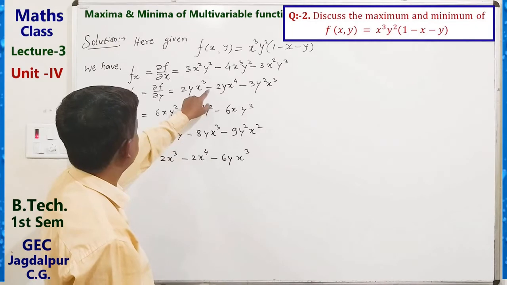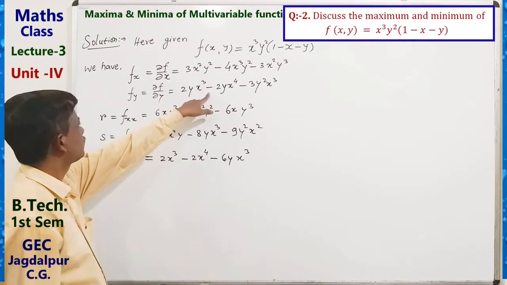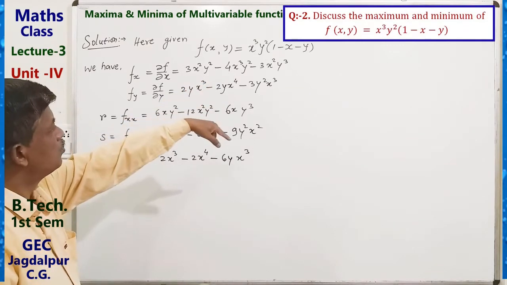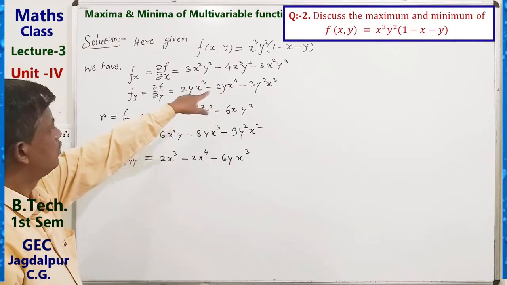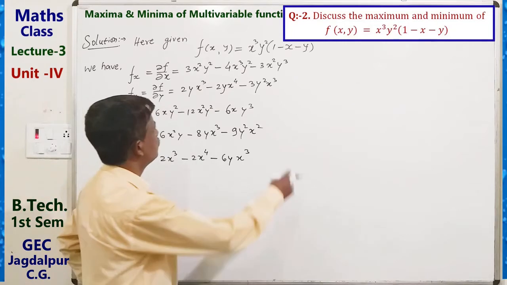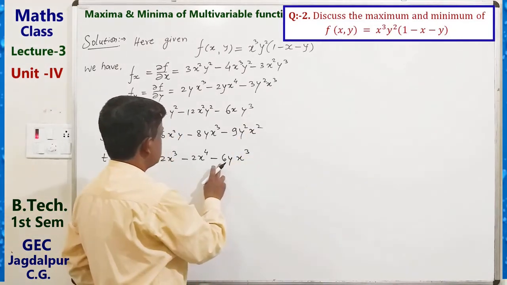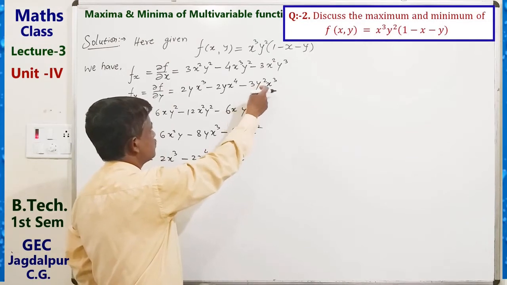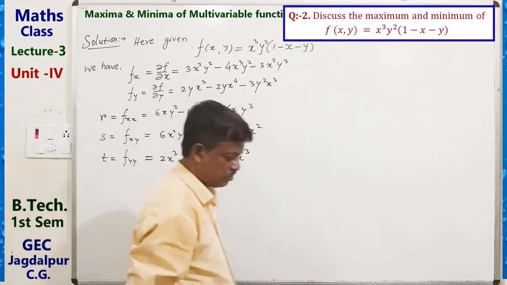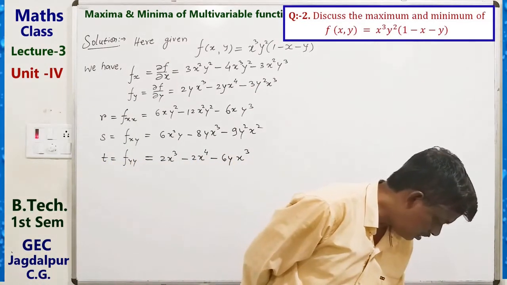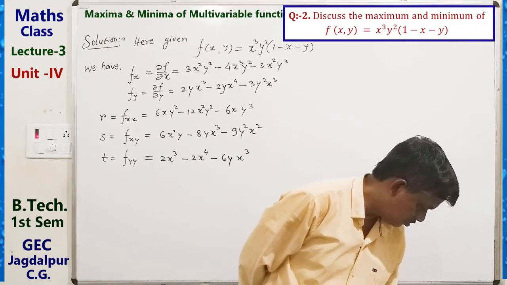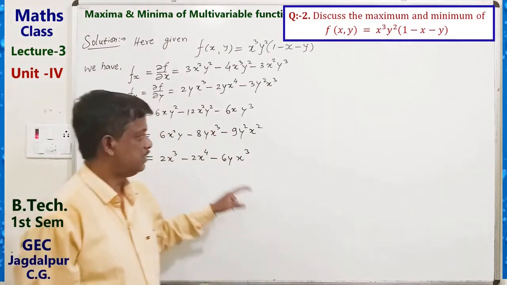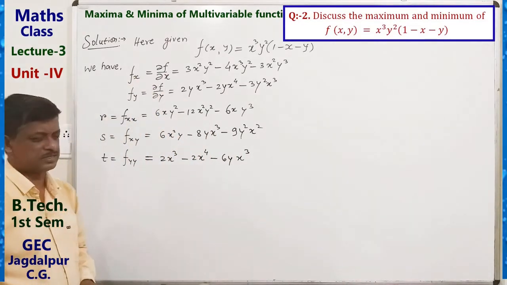Here with respect to y, the term 3y square x cube gives 6y x cube. Clear? These are the derivatives, first order and second order.